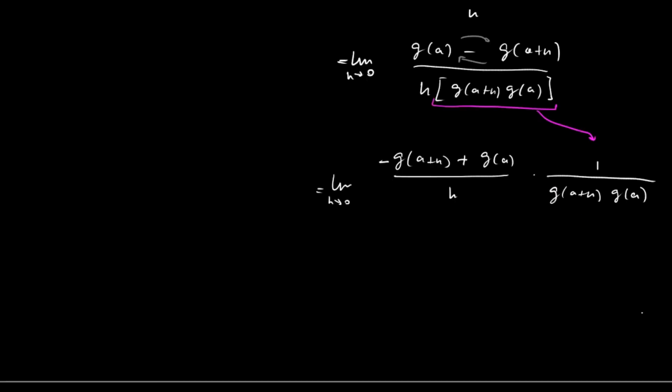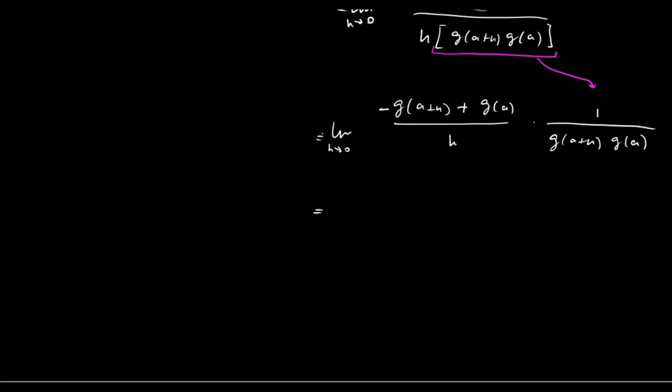Okay, these two expressions are exactly the same. And now I can rewrite this moving this minus sign outside the limit as g of a plus h minus g of a divided by h times this other thing, because minus times minus will give us plus.